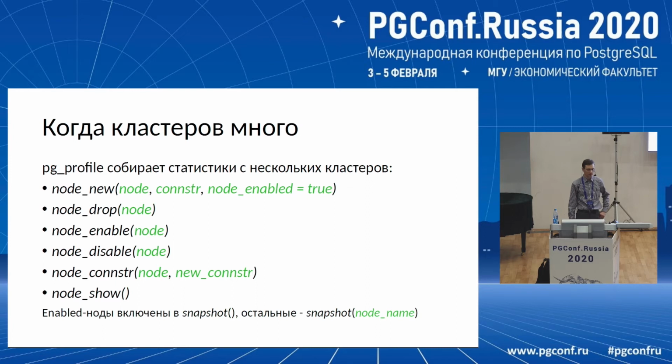As pg_profile was writing data in the same database where it was installed, and on standby it's impossible to write, such a thing was created, and pg_profile could be installed on one machine and take statistics from different clusters of the database. And it's not necessarily read-only replicas, but if you need a read-only replica, you can connect it as well.